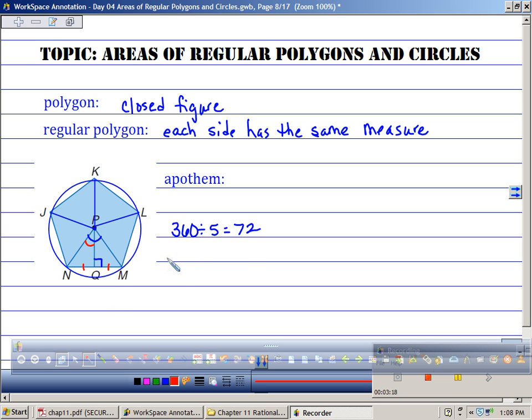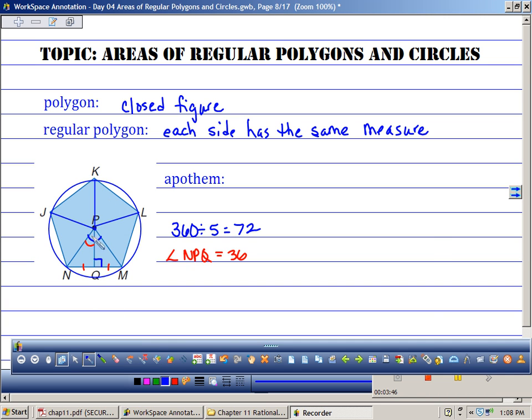Good. So NPQ would equal 36. What I'm trying to say is we can see a lot just from this picture. Just by knowing that it is a regular polygon, or pentagon I should say, because that would make it 5 sides, it tells us a lot, more than we can just look at, right? We've learned quite a bit from it.